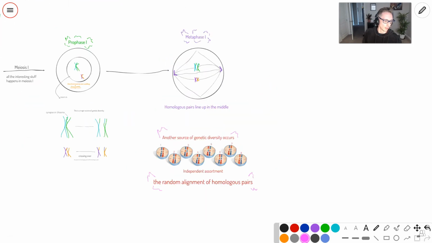Then what happens? We go through anaphase. I'm going to skip drawing anaphase, because I don't need to really draw it out. These two are going to go over here, and these two are going to go over here.